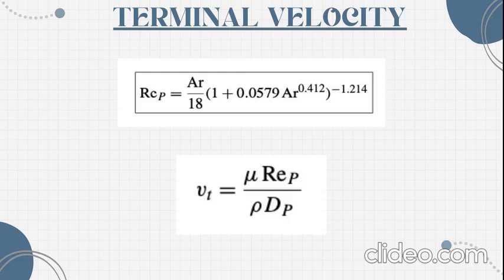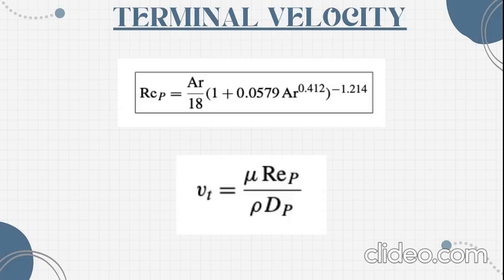The procedure to calculate the terminal velocity is: first, calculate the Archimedes number using this formula. Second, substitute the Archimedes number into the Reynolds number formula and determine the Reynolds number. And finally, once we get the Reynolds number, the terminal velocity can be calculated from this equation.